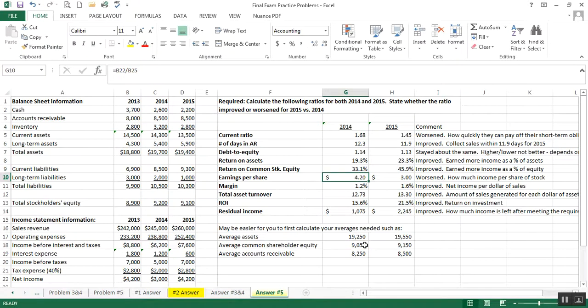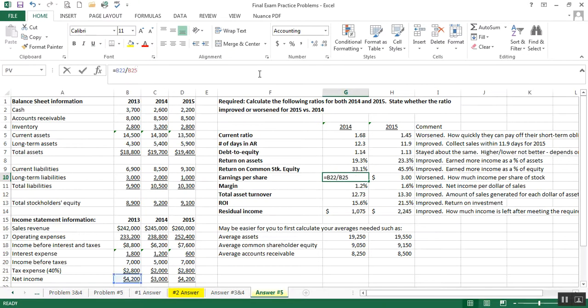And then we're going to do the same thing for 2015, our net income divided by our average common equity. So you can see that this ratio improved from 14 to 15, and it's the percentage of income shown as a percentage of their equity. So they're getting a high return on their equity.